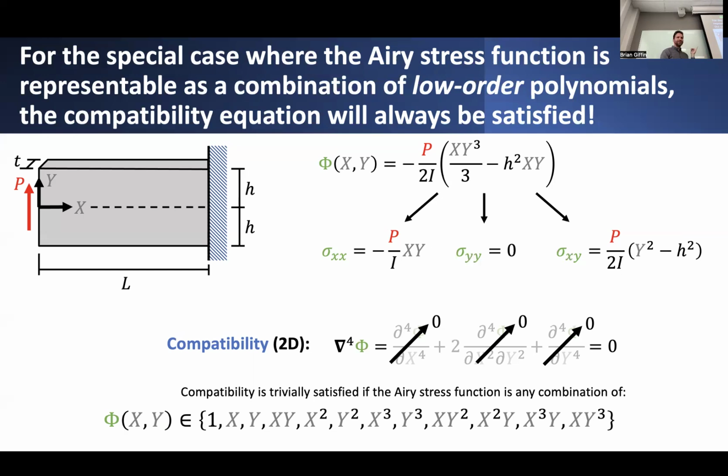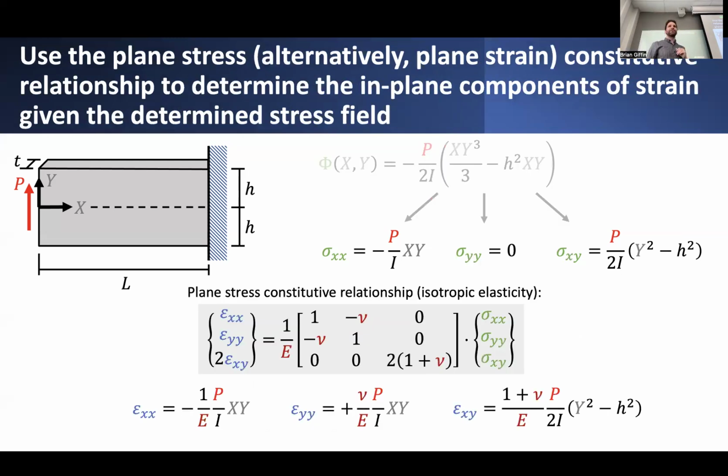The strain field, using our plane stress constitutive relationship, which we use because we're using an assumption of plane stress for thin bodies that have a relatively thin thickness in this through-thickness dimension. So assuming plane stress, we can use our constitutive relationship to relate in-plane stresses to in-plane strains.